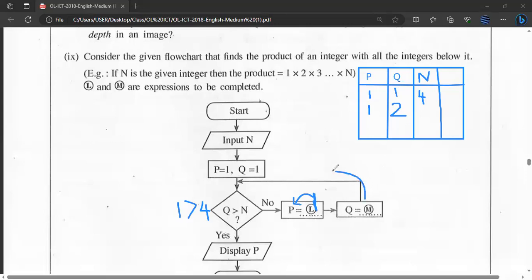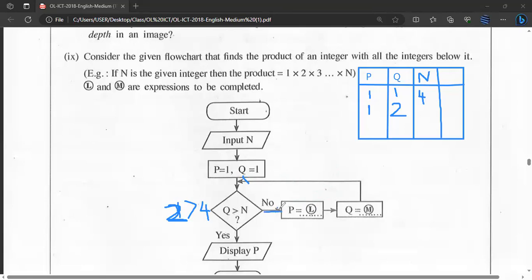Now it's coming above, and now we know Q will be updated to 2. Now it will be checking whether 2 is greater than 4. 2 is not greater than 4, right? Therefore, again, it will be flowing inside, so it will be coming to this side.